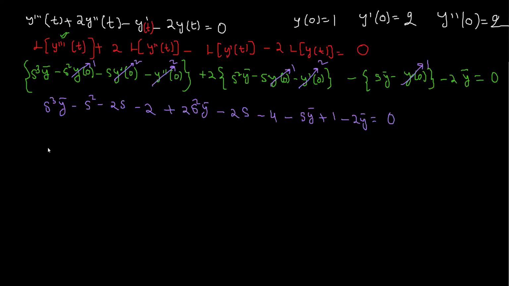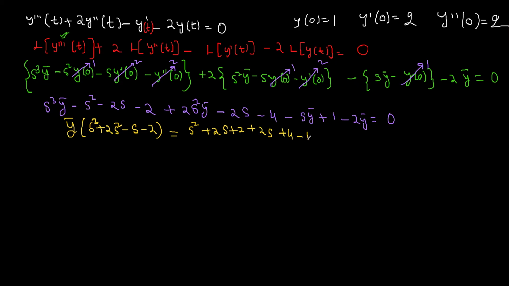Okay. Take y bar common. You will get s cube, 2s square, minus 2. And the rest of the things are taken to the right side: s square plus 2s plus 2 plus 2s plus 4 and minus 1.